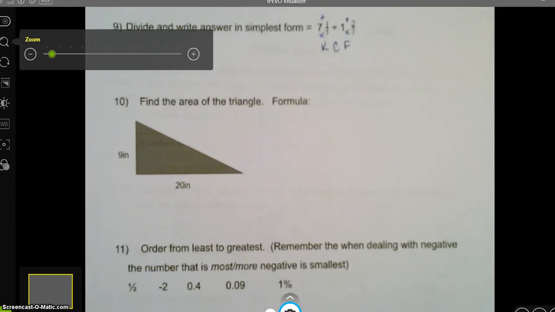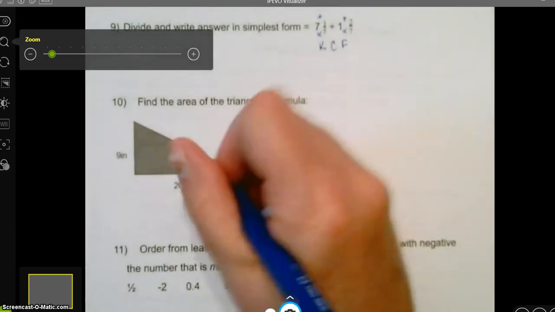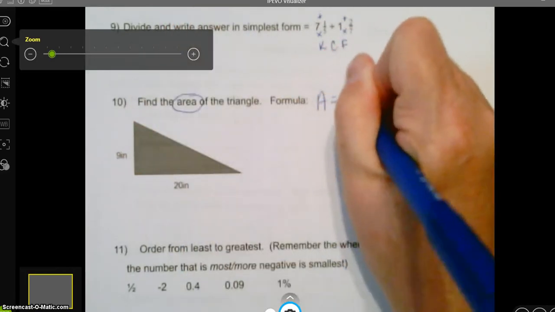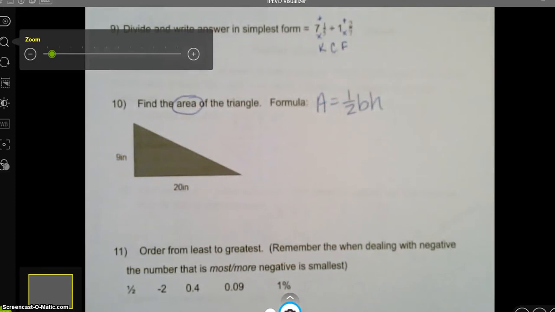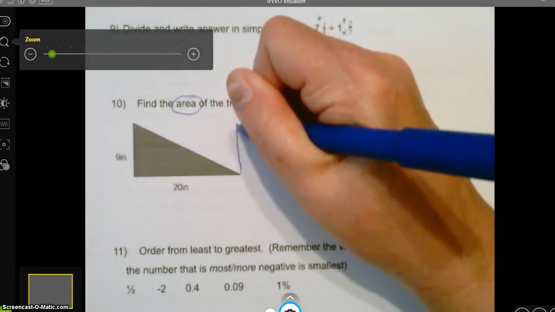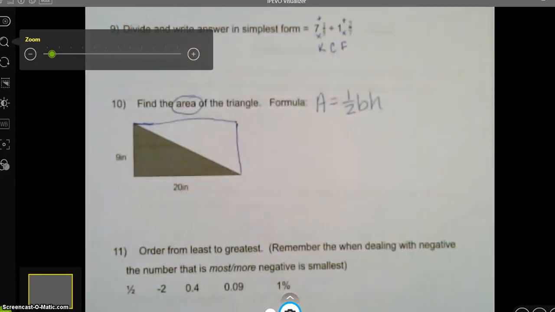On number 10, we started this last week, and we use our formula for area of a triangle, which is A equals half BH. And I talked to a few of you about this. It's not a great drawing, but if my lines were straight, this would look like a rectangle.